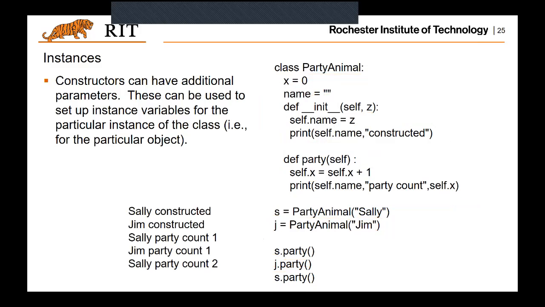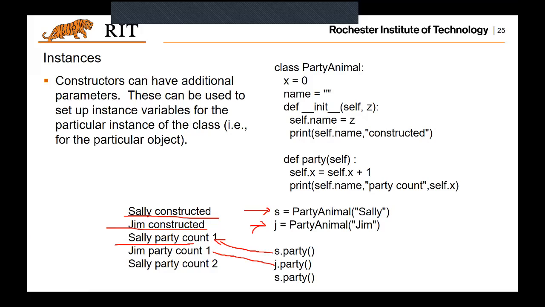So the output would be, first you have the construction function run, which corresponds to these two lines, right? And then once you run this line, it will accumulate the x and print it out.